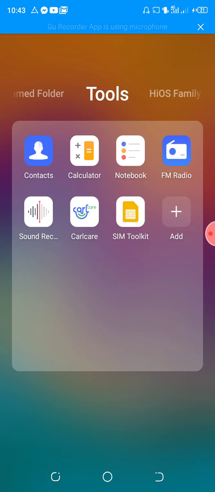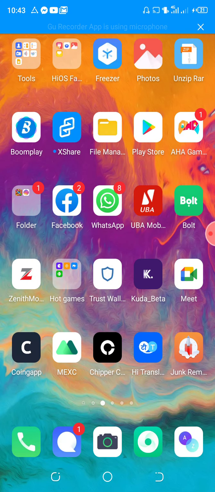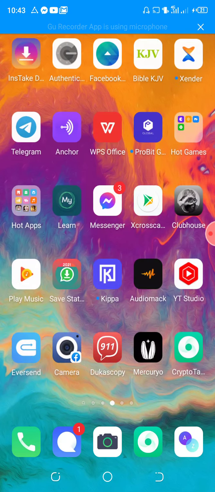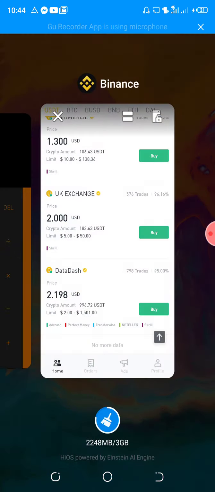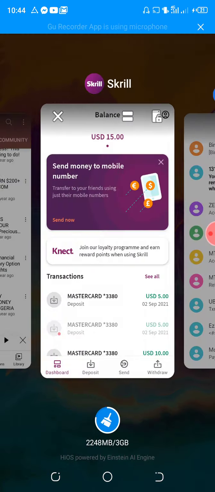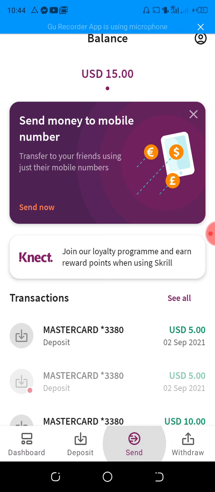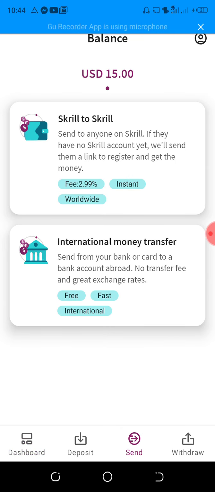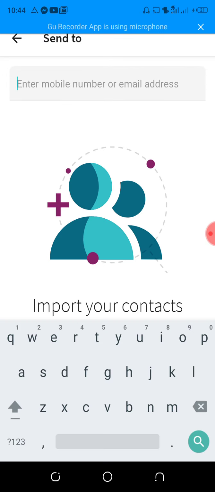You copy it, you go on your Skrill and you click this side called send. Okay, so Skrill to Skrill. So you send it via email. You paste the email here.